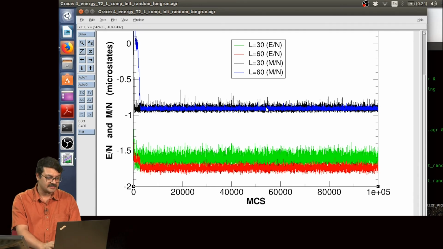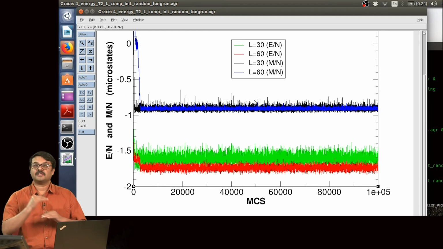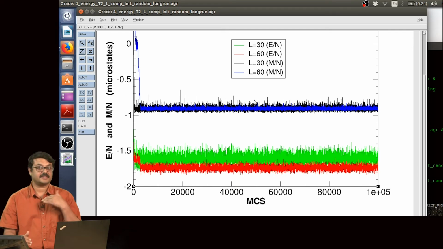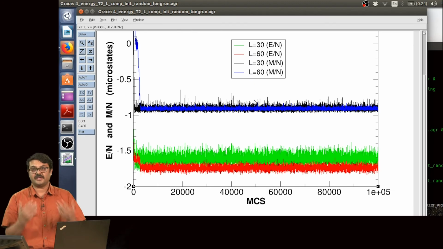The magnetization is around 0.9 or 0.95, and for the two cases it is exactly on top of each other. For the smaller box size, which is this black, the fluctuations are more, which you can understand from your statistical mechanics.